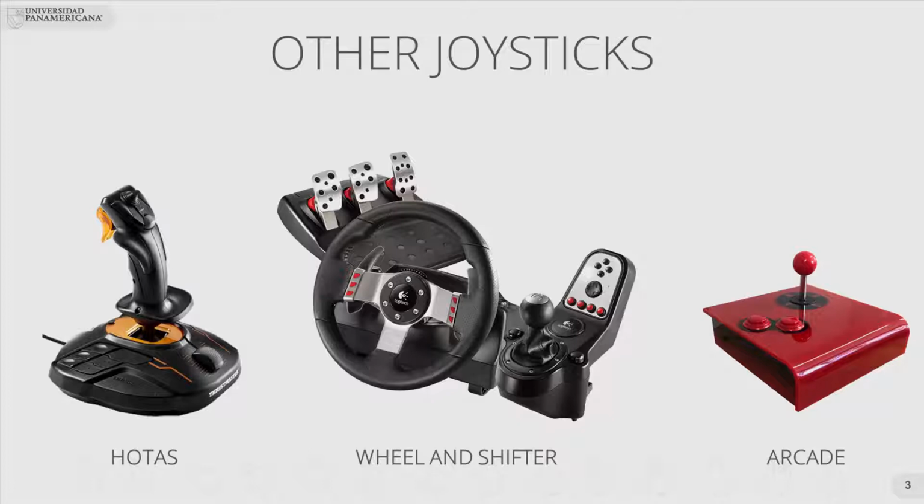And then we have buttons. You can see right there 6 buttons on the wheel, and also the paddles, which will be like buttons as well. Then we have the pedals, the clutch, the brake, and the gas pedals, which would be like an axis, each one of those, going from 0 to 1.